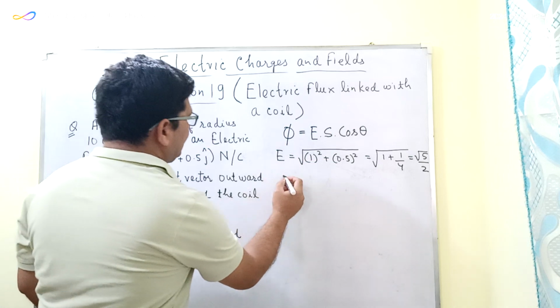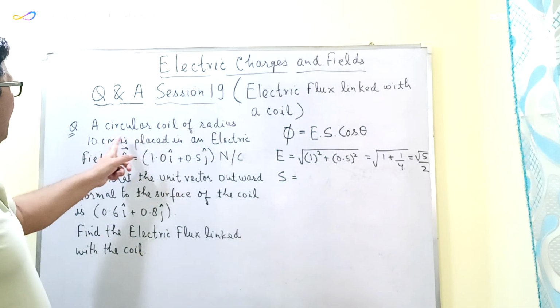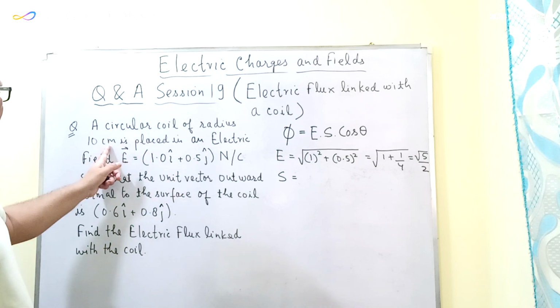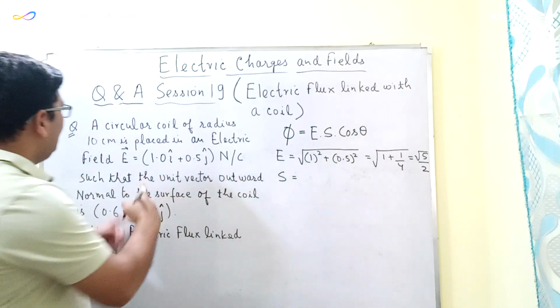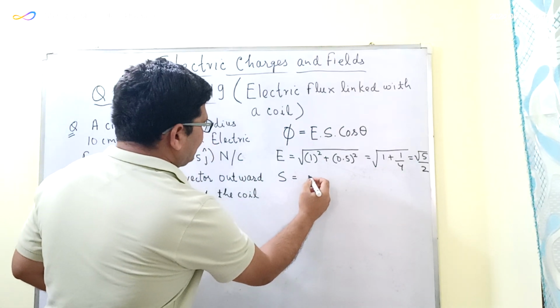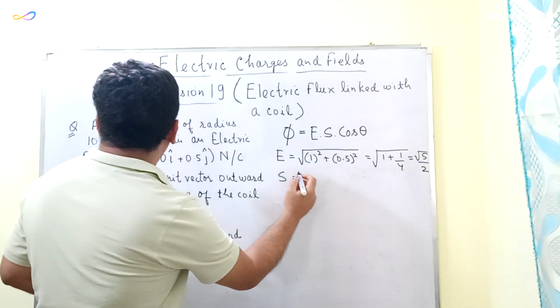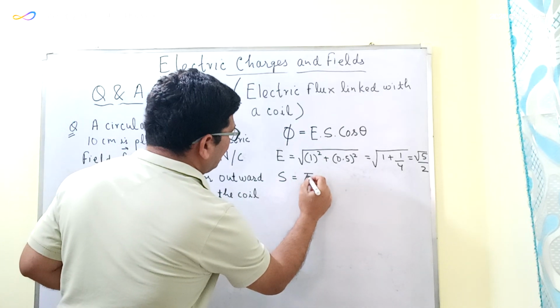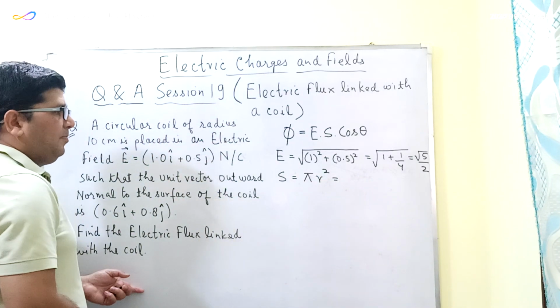Now S. The radius of this circular coil is 10 centimeter, and so the value of this surface area will be equal to the area of this circular coil, which is equal to pi r square.